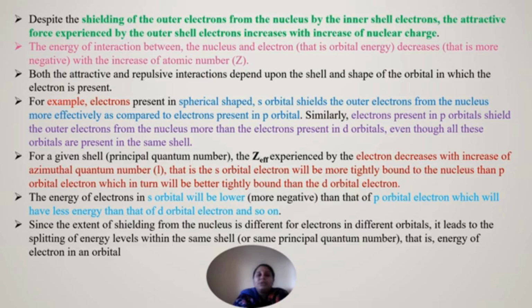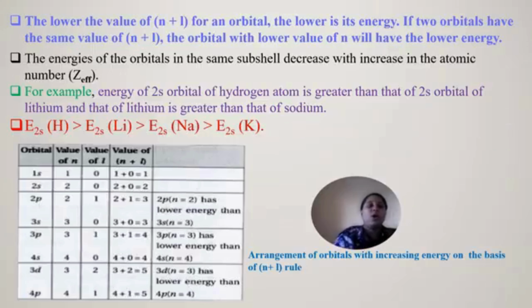The extent of shielding from the nucleus is different for electrons in different orbitals, and it leads to the splitting of the energy levels within the same shell, with an increase in the energy of the orbital. If the value of n plus l for an orbital is lower, it has lower energy.